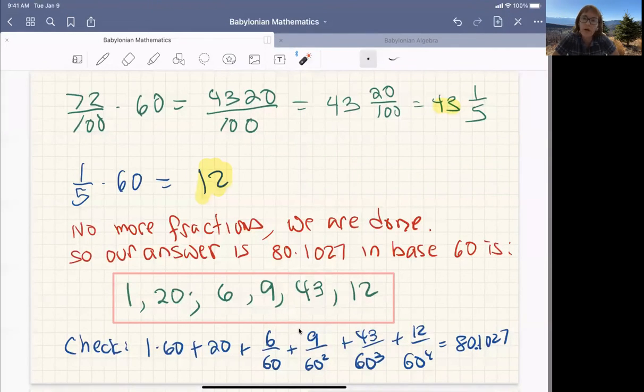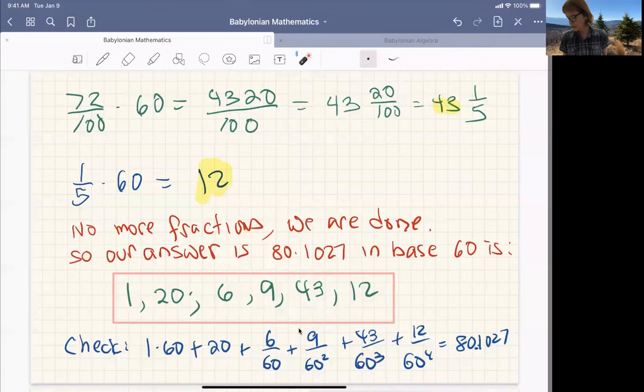Now, if it turned out that the number was not a terminating decimal, which can happen in base 60, just like in base 10, what you would have to do is just stop at some point. Maybe the question would be like, what are the first 3 decimal digits of this number?